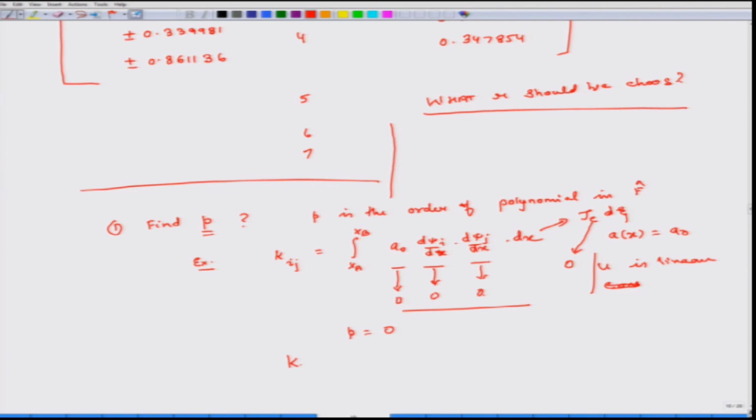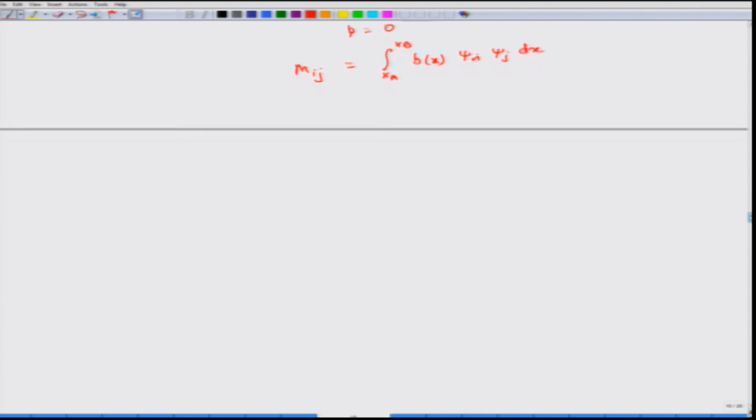Another case, it could be, let us say Mij is equal to the integral from xa to xb of b x psi i psi j dx. In this case, let us say b x is equal to b naught plus b1 x.